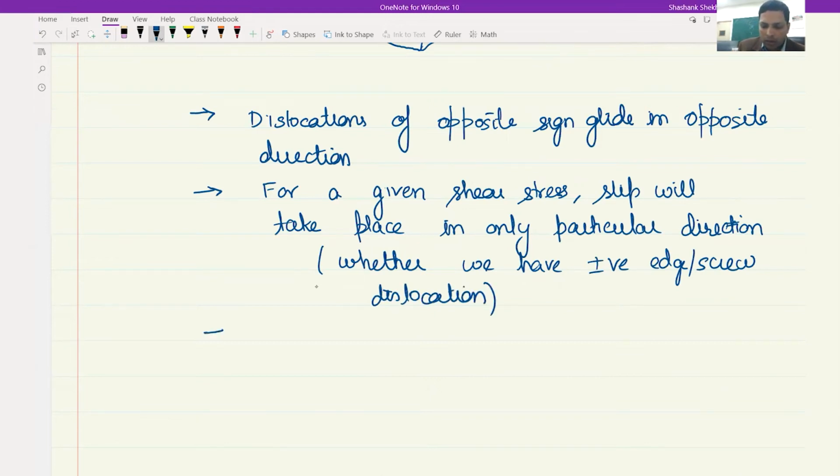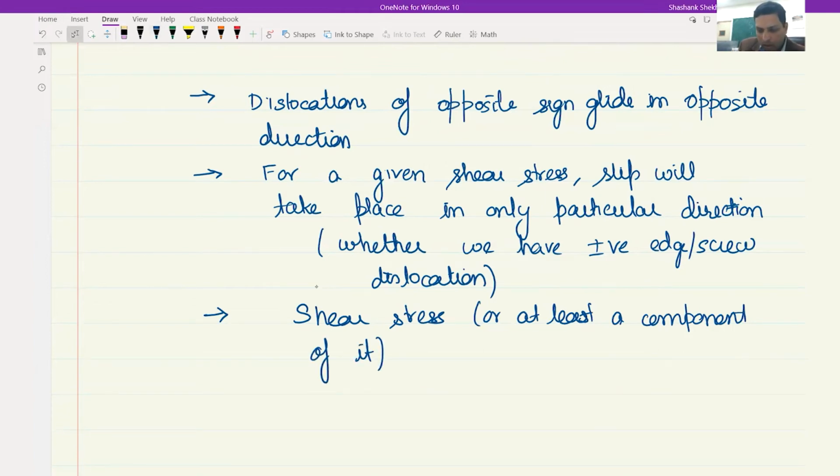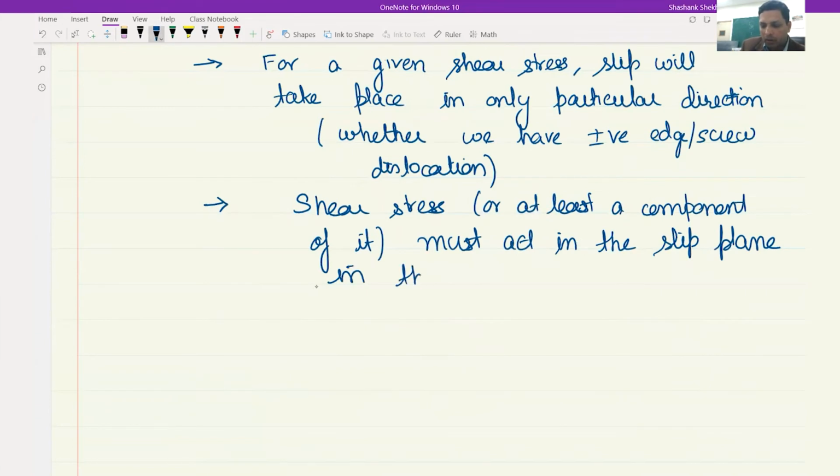The other important message that we take home from here is that shear stress, or at least a component of it, we have not shown these things quantitatively, but we have clearly established this qualitatively from this thought experiment, must be in the direction of the Burgers vector.